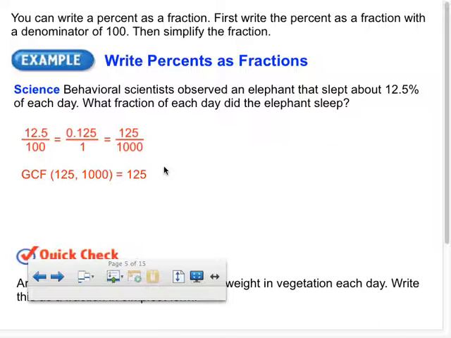And how many times will 125 go into 1,000? Let me talk to you about this in money, because a lot of you guys seem to get math really well when you're talking about money. If I have $1.25, how many piles of $1.25 will I need to get to $10? How many piles will I need to get to $10?